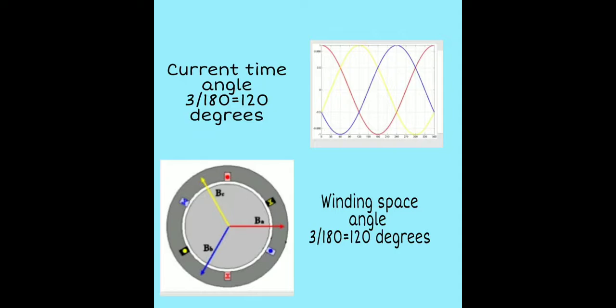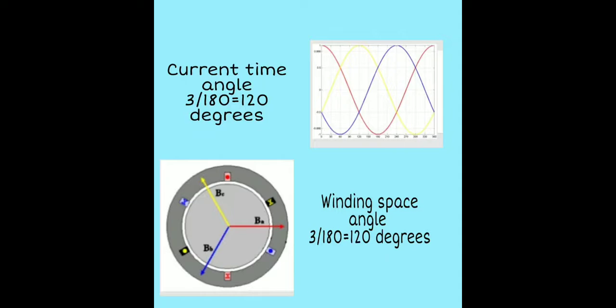As in the three-phase transformer, the time angle is 120 degrees, 3 by 360, then 120 degrees. But the windings are not placed at 120 degrees. R, Y, B, these three phases are displaced in space by an angle of 0 degrees.